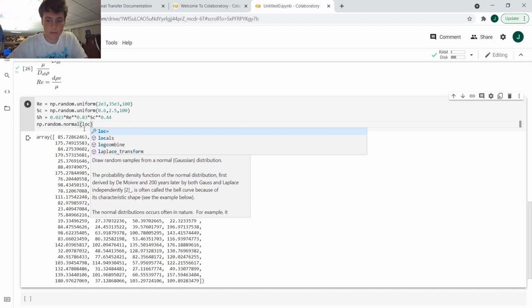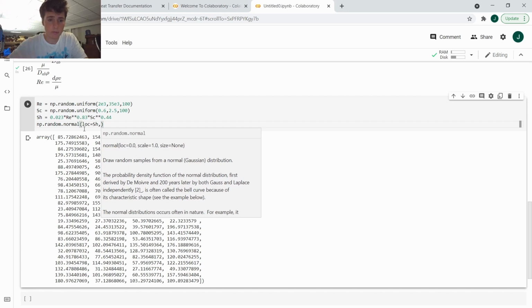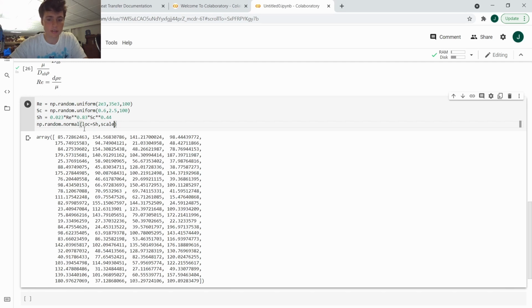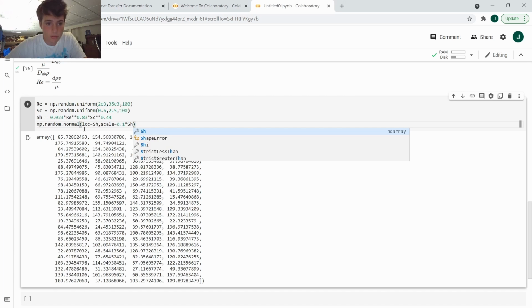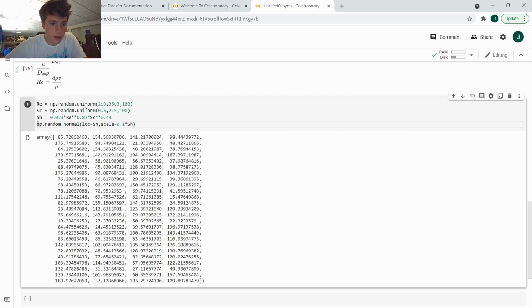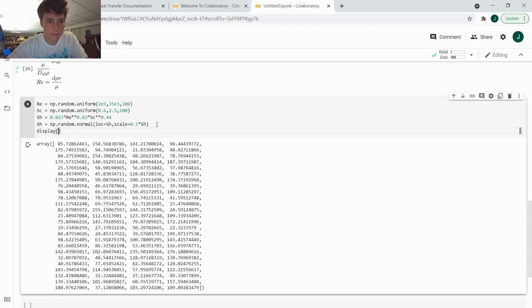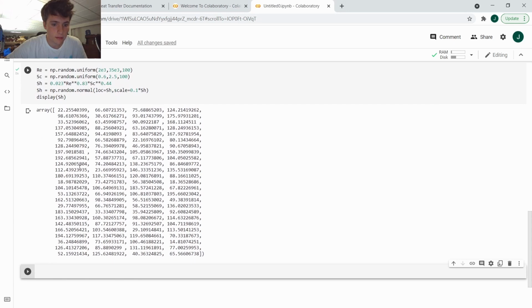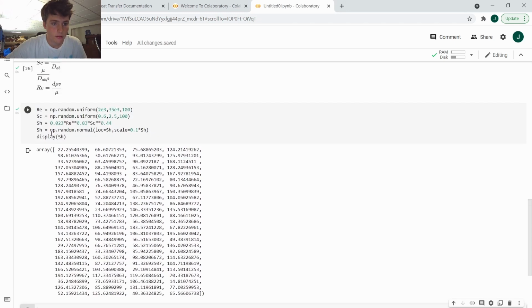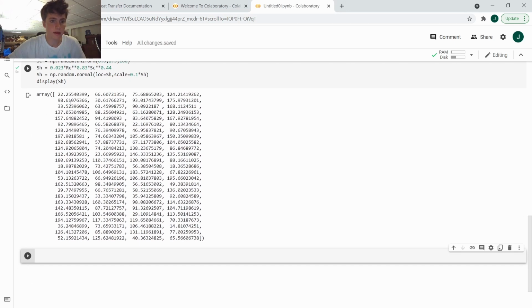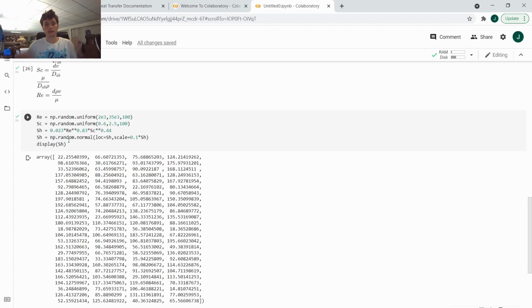So we can say our mean value would be Sherwood, and then we want to introduce 10% experimental error, so we can put the standard deviation as 10% of the Sherwood number. And that would be the Sherwood numbers that we would get experimentally. So if we display that, just like that. So these are the Sherwood numbers that we would get experimentally.